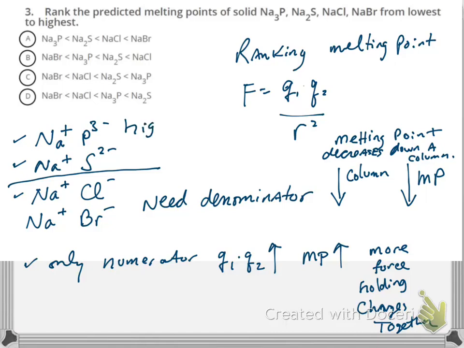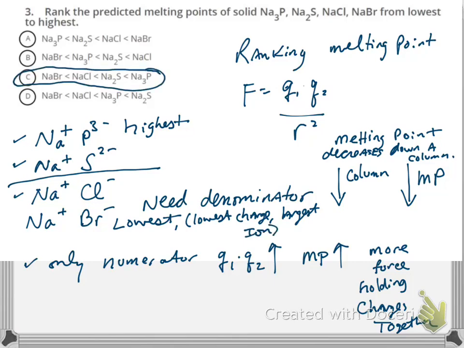The numerator is going to be 3 for sodium phosphide. And then out of the +1, -1s, where the numerator is 1, we would pick sodium bromide to be the lowest melting point since it is farther down in the column than chloride. And that gives us the answer. Lowest charge and largest ion, right? Gives us the answer C.